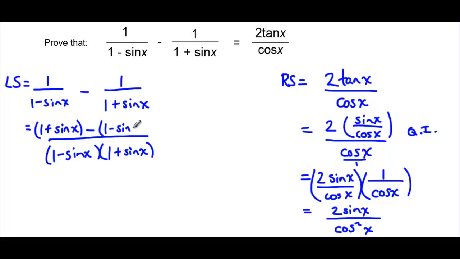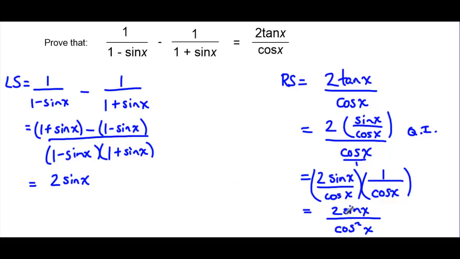And I'm being very careful to put this into brackets because of the subtract sign. We're going to subtract the 1 and the negative sine x. Simplifying the numerator, we're going to get 1 minus 1. Those will disappear. And sine x subtract negative sine x, or add sine x. So that's 2 total sine x's.